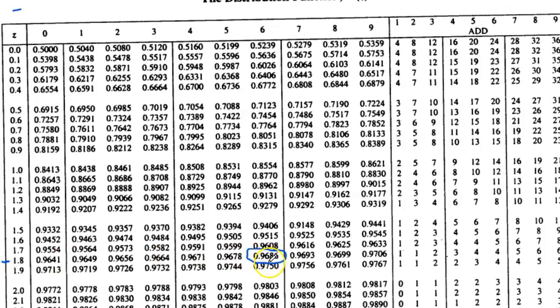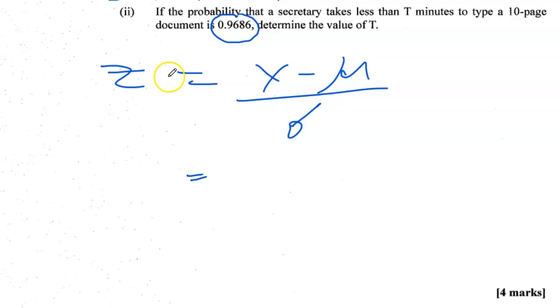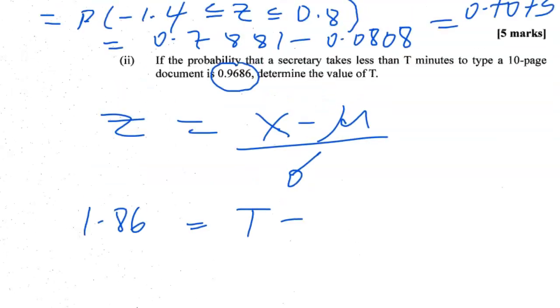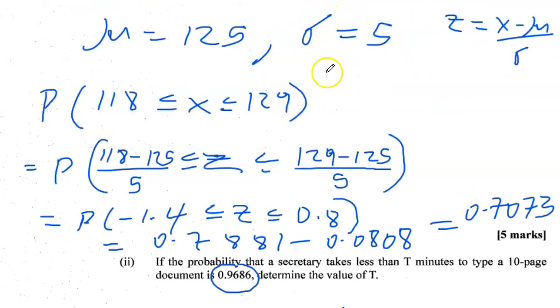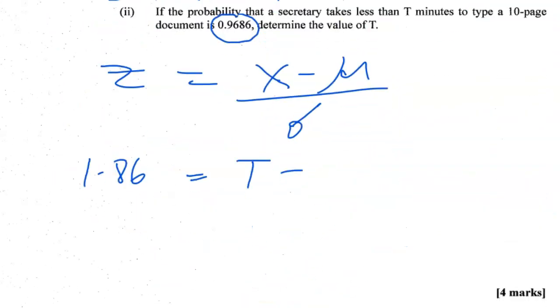So a Z value of 1.86 corresponds with the probability of 0.9686. So our Z value will be 1.86. The number of minutes T, let's call it X. The mean, what was the mean again? The mean was 125, standard deviation 5.